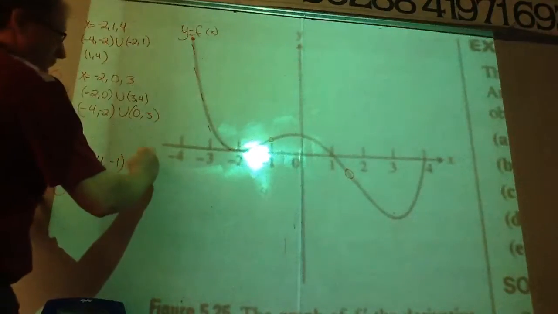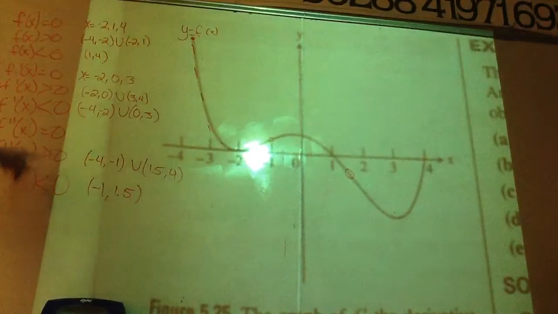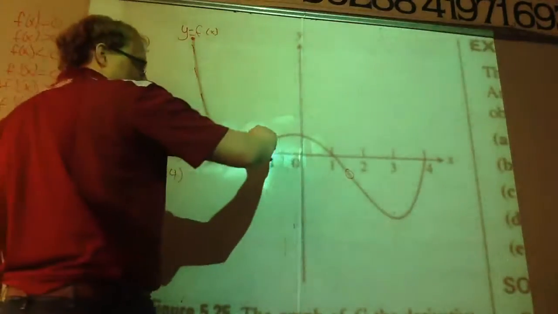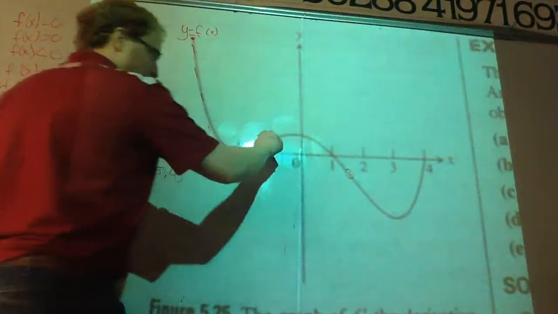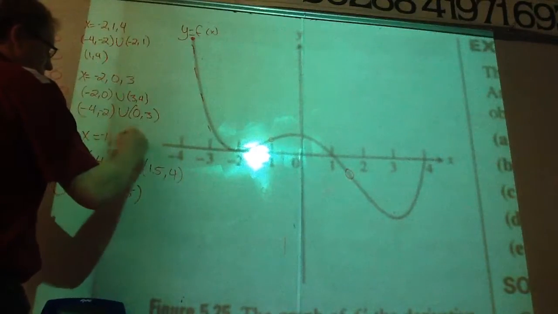Yeah. So this one would be 1.5 to 4. So where does this equal 0? At that point? Yes, because they're points of inflection. It goes from bigger to smaller there. So negative 1, negative 1.5.